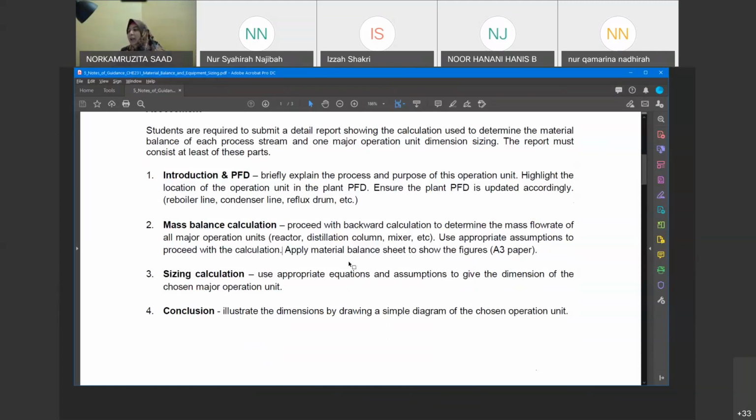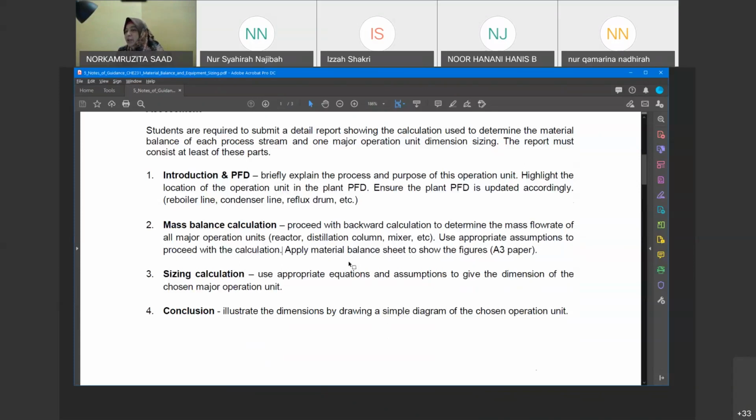Let's say you assume that the reaction that takes place in the reactor gives a complete reaction. So you're going to get a certain amount of product coming out from your reactor, and then the balance is based on the chemical reaction that you have.